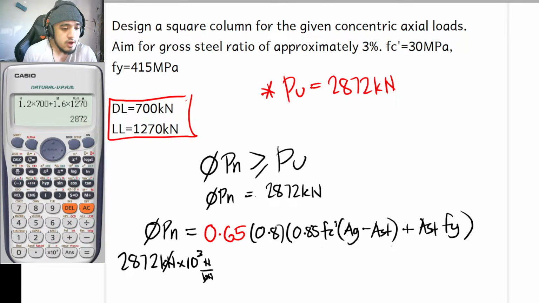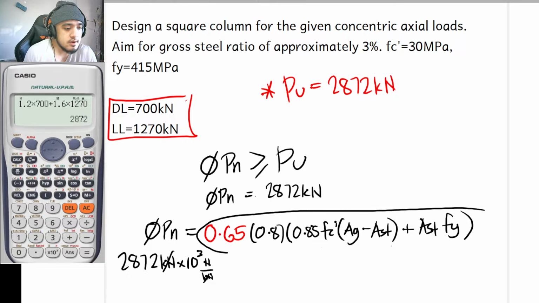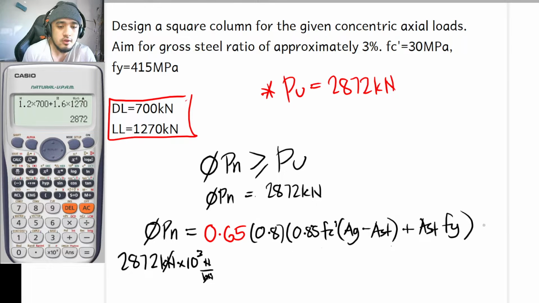Or if you want to retain the kilonewton unit here, you can also convert this side into kilonewton. So instead of multiplying this factor here, we can multiply this factor here. They will just be the same as long as you do not convert both sides simultaneously. So just convert one side.